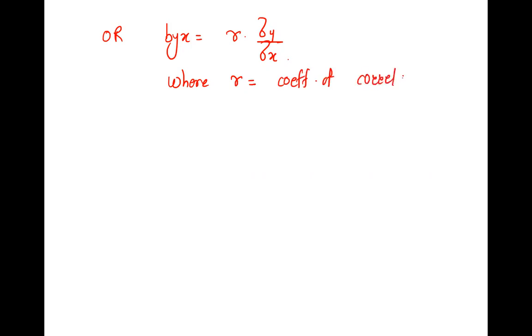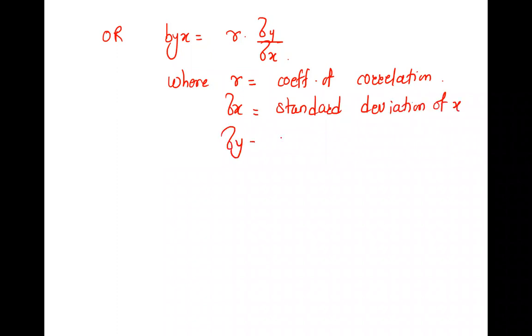Do you know what sigma is? Have you ever heard about sigma? Deviation. Yes, which deviation? Standard deviation. Right. So sigma x is the standard deviation of x and sigma y is the standard deviation of y.